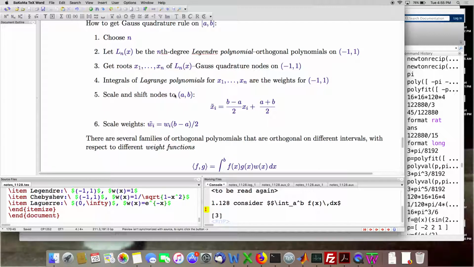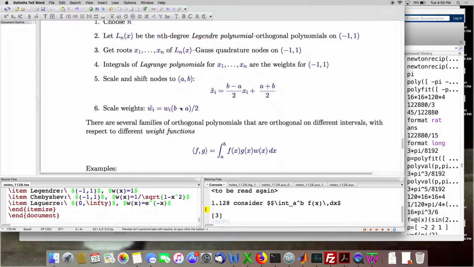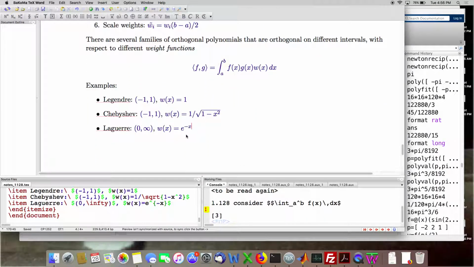Then you can look up the nodes in a table and scale and shift them. Orthogonal polynomials are among my favorite subjects because they have so many applications and things work out so beautifully with them. But unfortunately, time doesn't permit getting into them like that, at least not in this class. You can always take Math 772, I guess.